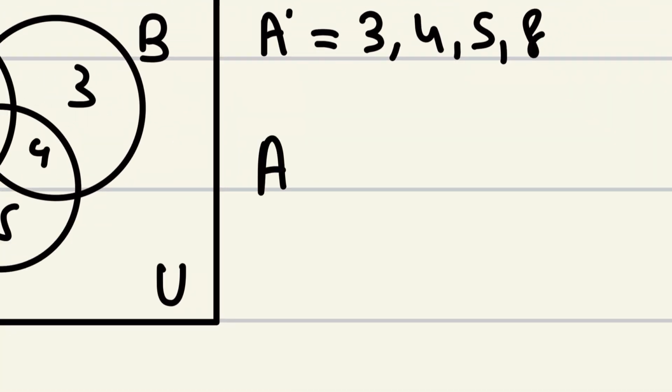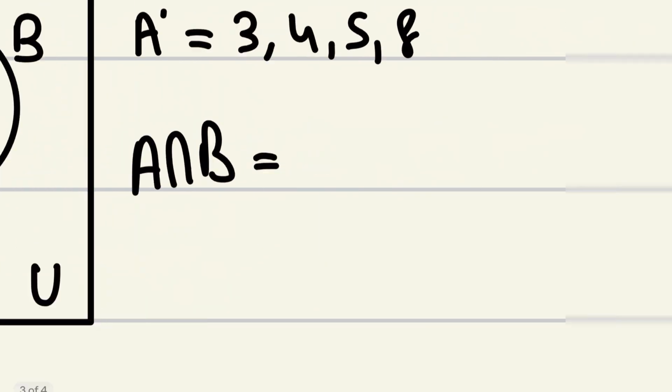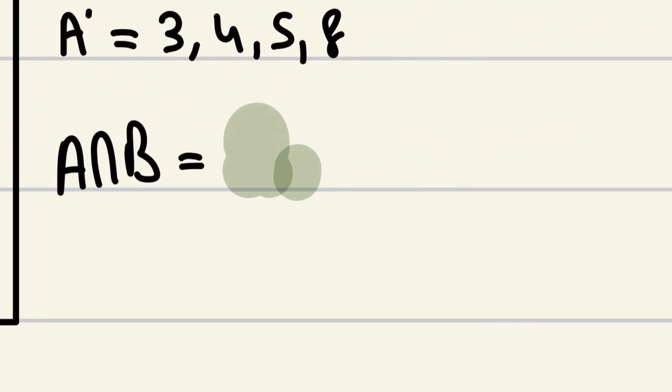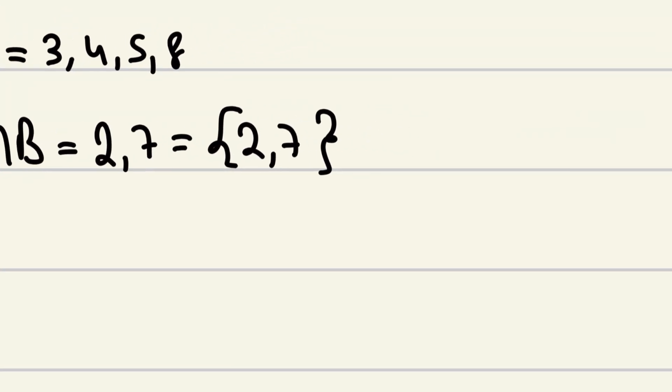And then A and B, which is the intersection of A and B, is just 2 and 7 because it would be this area. So that is 2 and 7, or it could be written in set form as 2 and 7.